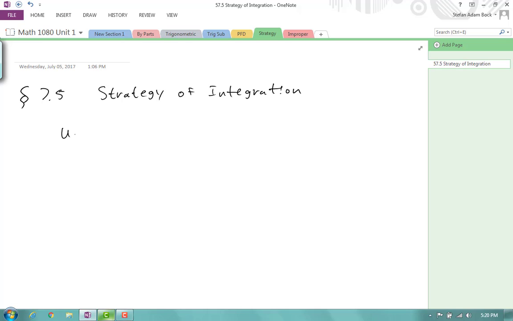The techniques we have available are u substitution. We have integration by parts. We have techniques for trigonometric functions.